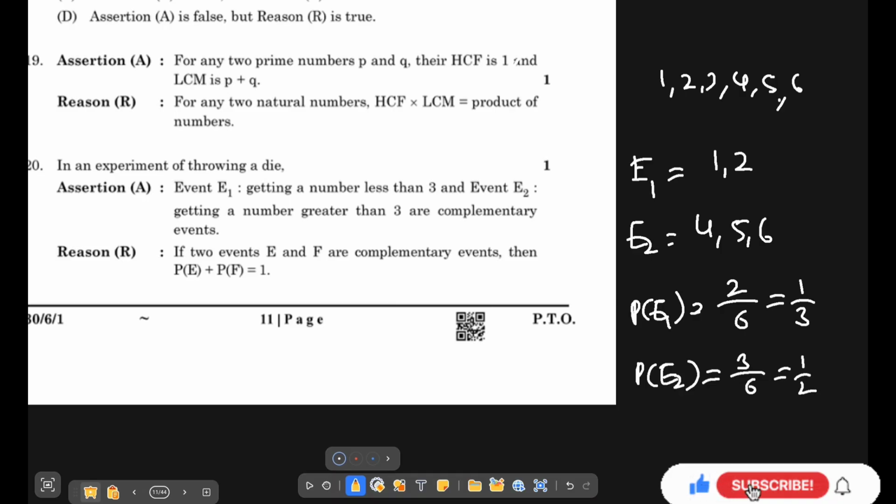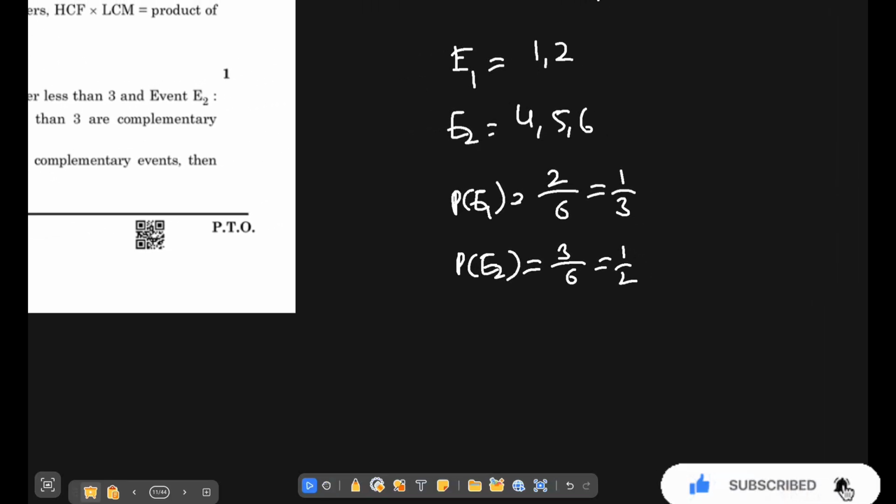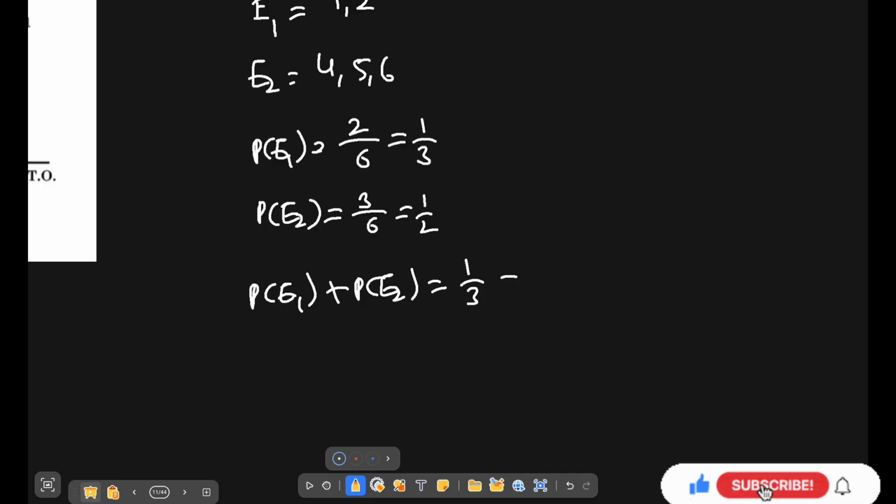If you add these, probability of E1 plus probability of E2 is 1 by 3 plus 1 by 2, which is 2 plus 3 by 6, 5 by 6, not equal to 1. So they are not complementary events.